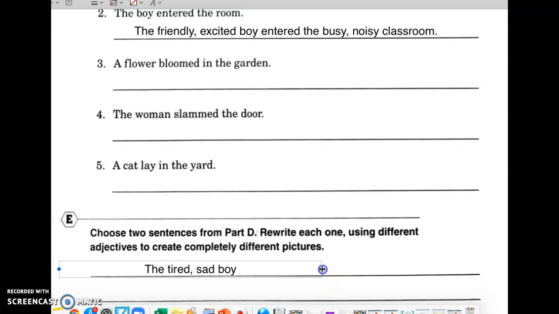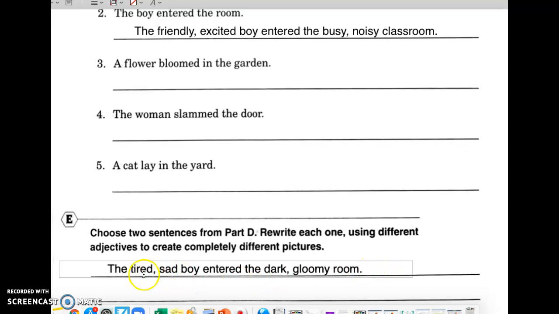And now let's talk about the room that he's entering. Entered the, okay. And now instead of the room being busy and noisy, maybe I want to call it dark. Entered the dark, gloomy room. The tired, sad boy entered the dark, gloomy room.